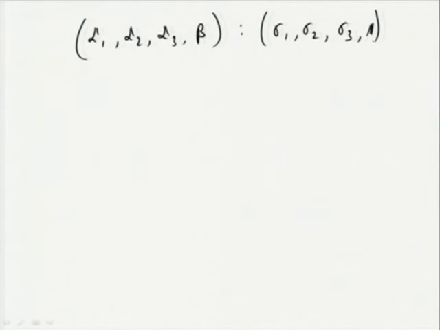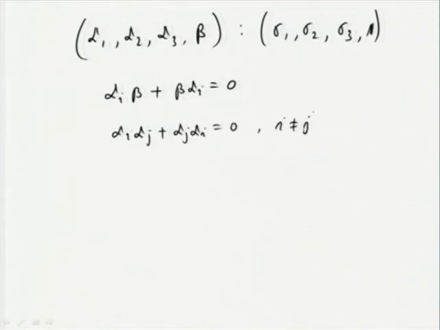And now, if you look at the anti-commuting properties, alpha i alpha j plus alpha j alpha i equal to 0 for i not equal to j. All of them anti-commute with all the others, but in the set we have along with the Pauli matrices, we have a unit matrix and that commutes with everything.